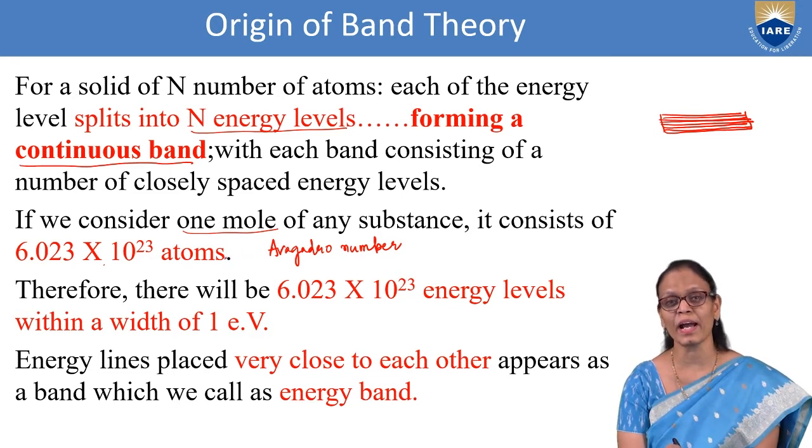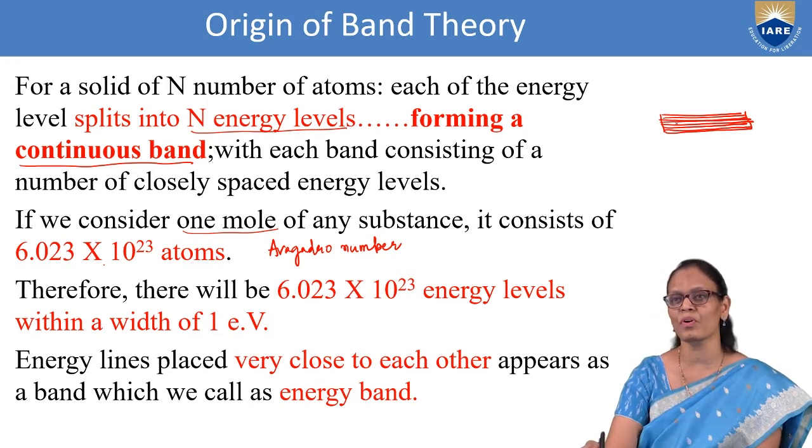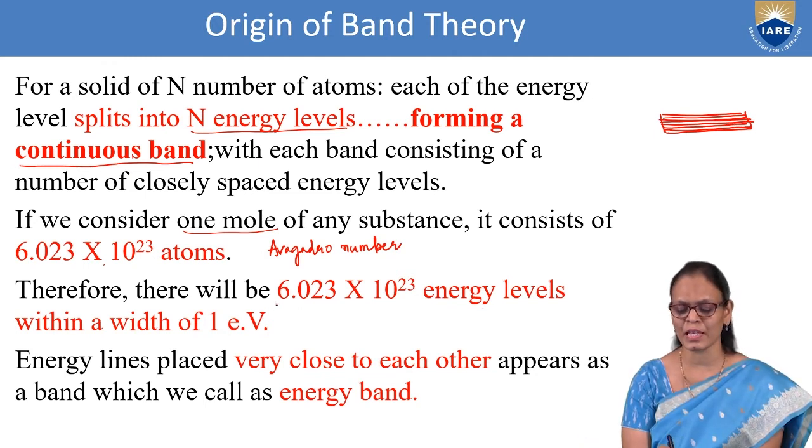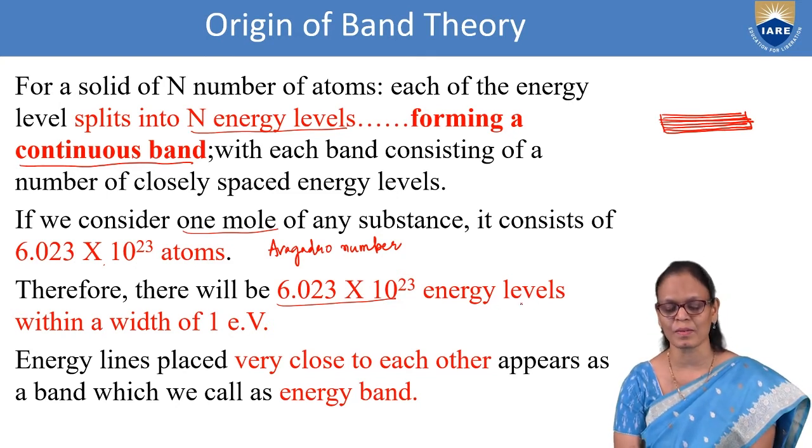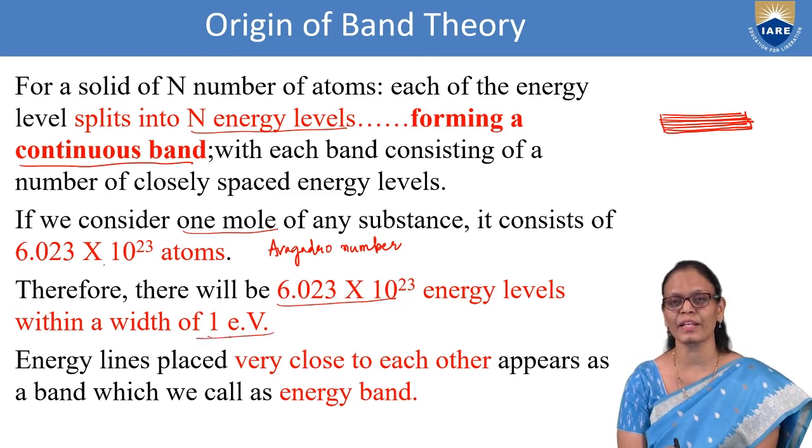And now when I have to represent their energy levels, I may have to draw 6.023, or approximately 6 into 10 power 23 lines like this. So how many energy levels will be there? There will be 6 into 10 power 23 energy levels within a width of 1 electron volt.